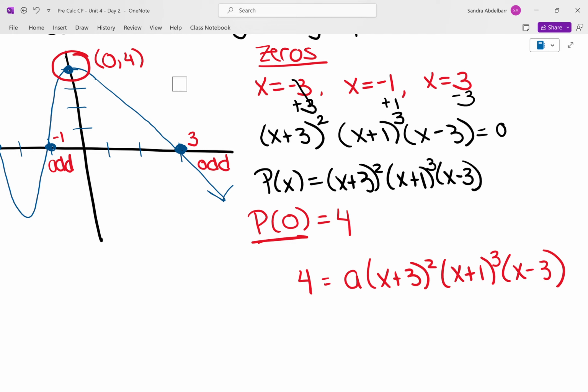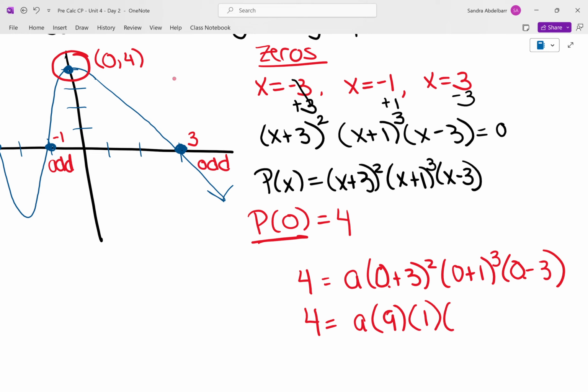But what should go in for all the x's? If p of 0 equals 4, what should go in for all the x's? 0. Because it's telling me p of 0 has to equal 4. If I plug in 0 now for all of these x's, I'm not going to get 4.